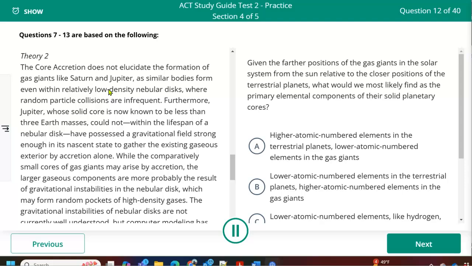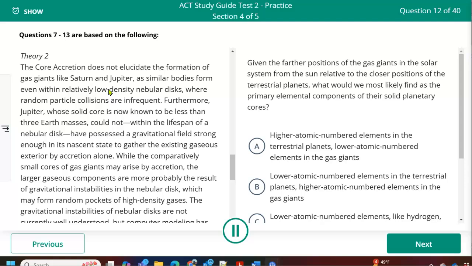Given the farther positions of the gas giants in the solar system from the sun relative to the closer positions of the terrestrial planets, what would we most likely find as the primary elemental components of the solid planetary cores? All right, so we have to read the question carefully. Most of the science questions don't really require much knowledge other than the most basic science.